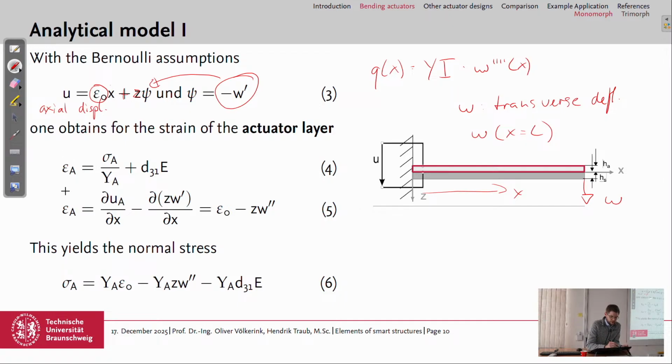And we can also define our strain from the actuator layer, so from the active layer, small signal behavior again. Here we have the strain from the mechanical part and strain from the piezoelectric part again, as we have seen in the last lectures.